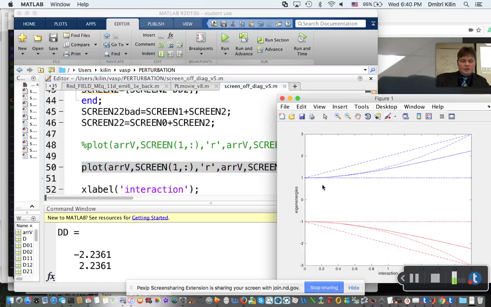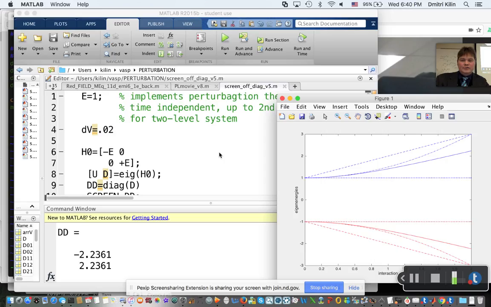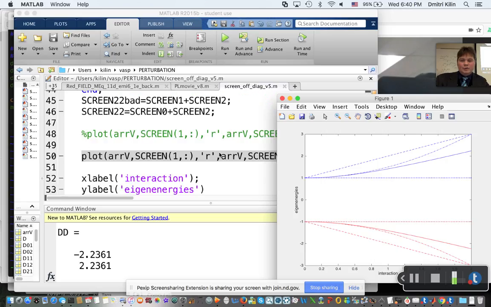Here we select values such that energies of orbitals are plus and minus 1, which later you can change. The exact solution is shown with a continuous solid line, something that you can trust.